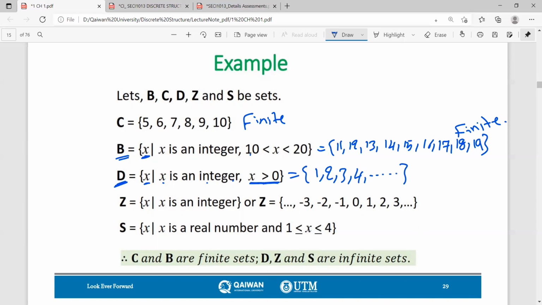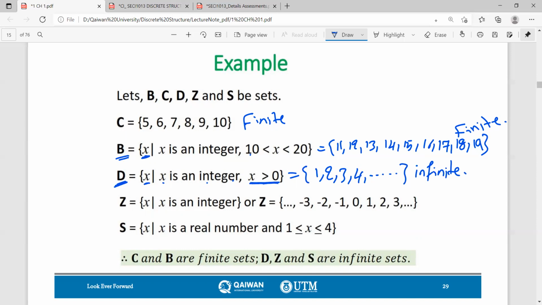This set is infinite. It's infinite because we don't know how many elements there are in this set. It goes to infinity, so it's infinite. Set D is an infinite set.